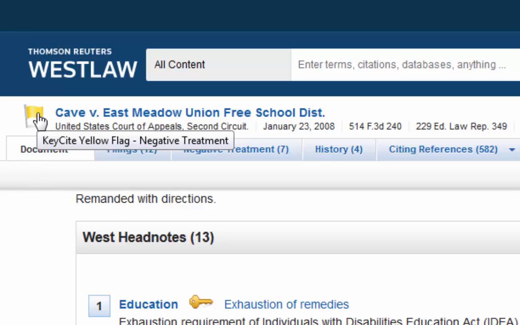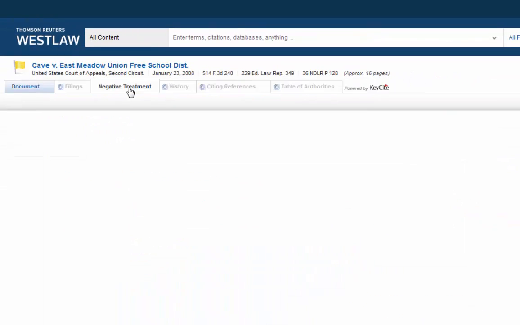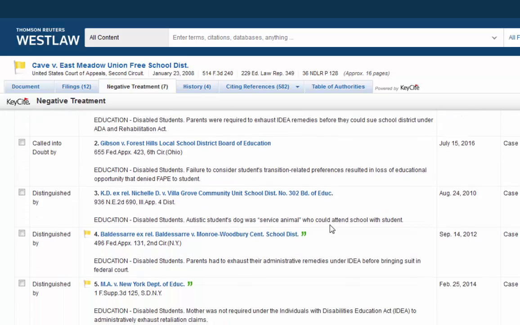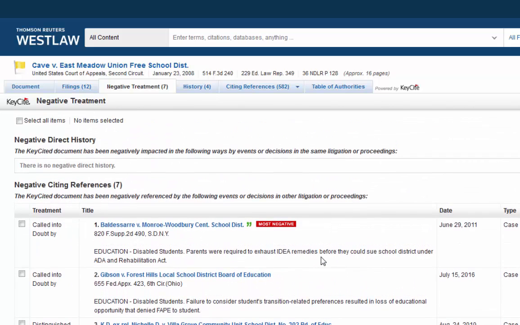So pay attention. Yellow's okay, but what you want to do when you see a yellow flag is take a look at the tab that says negative treatment. It will list any court cases that came after this one that disputes any portion or calls into doubt any portion of the case that you're looking at. And you might want to toggle through and take a look at some of these and see what was going on there.